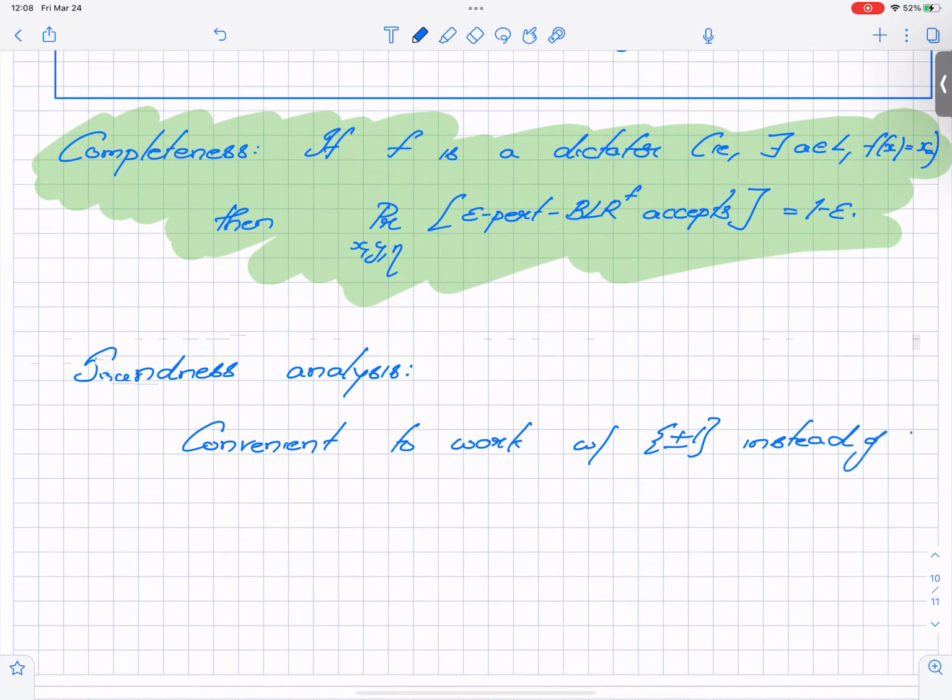Instead of 0, 1, the domain we will still think of as 0, 1 to the L. The range, instead of thinking of it as 0, 1, we'll think of it as plus minus 1, in which instead of giving b, we'll give minus 1 to the power b.